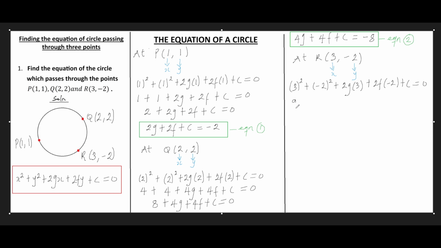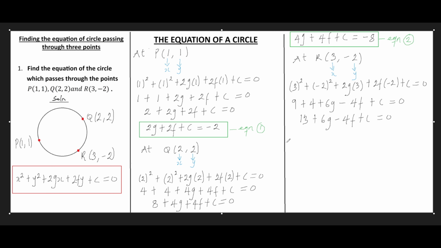3 squared is 9. Minus 2 squared, we have 4. 2g times 3, we have 6g. 2f times minus 2, we have minus 4f. We have plus c is equal to 0. Now let's simplify the numbers. 9 plus 4, we have 13 plus 6g minus 4f plus c is equal to 0.